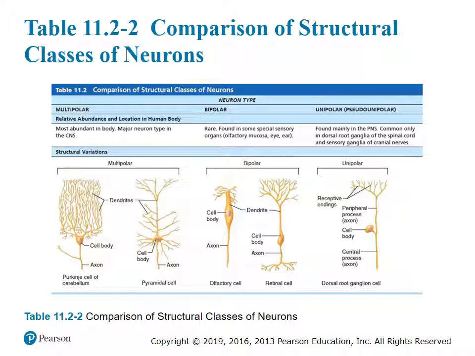So they can have different types of formations depending on where they're found. So sometimes you can see this, right? These are both multipolar, but in fact they just have one axon, although there's a branch there, but that doesn't classify as an axon. And here they only have one, looks like 2, 3 dendrites.